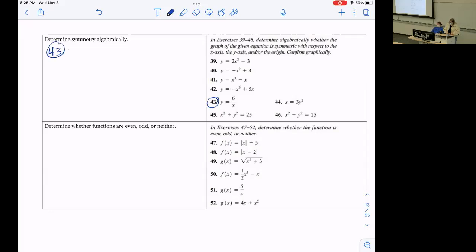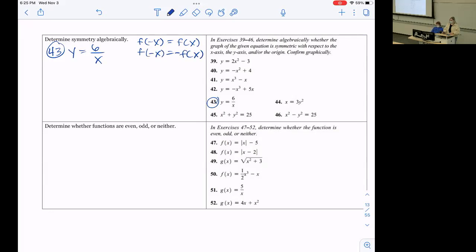All right, so we have y equals 6 over x. From under the sticky notes, as I was talking about earlier, we know that an even function, or if it has symmetry over the y-axis, f of negative x will equal f of x. And then symmetry across the origin is, thank you, because that would make it an odd function. Right.